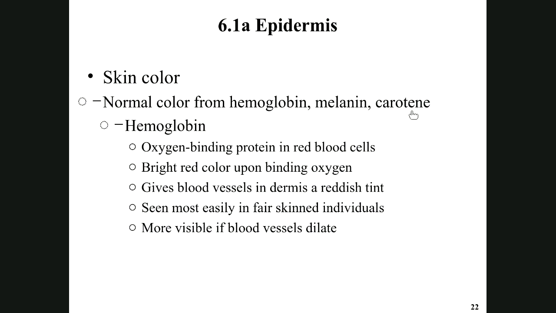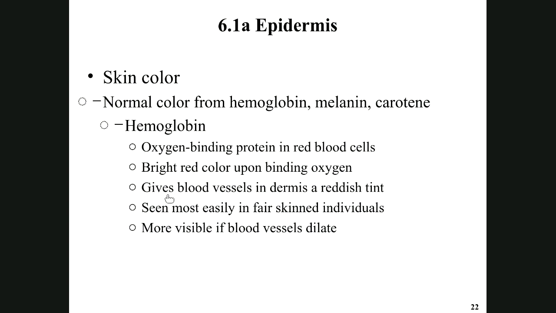First, about the hemoglobin. The hemoglobin is the oxygen binding protein, which we have in our red blood cells. When it attaches to oxygen, the color of our red blood cell becomes bright red. This red color is due to the blood. The red color of the skin is due to the blood vessels which we have in the dermis.